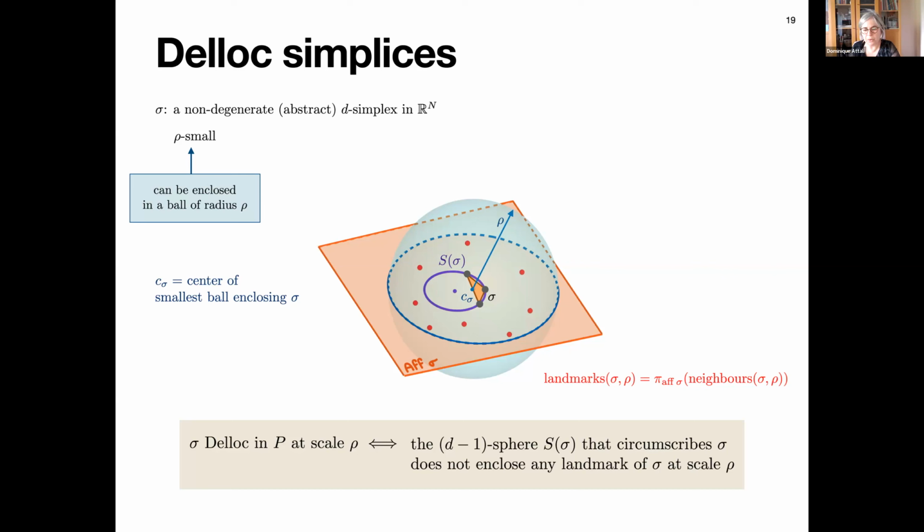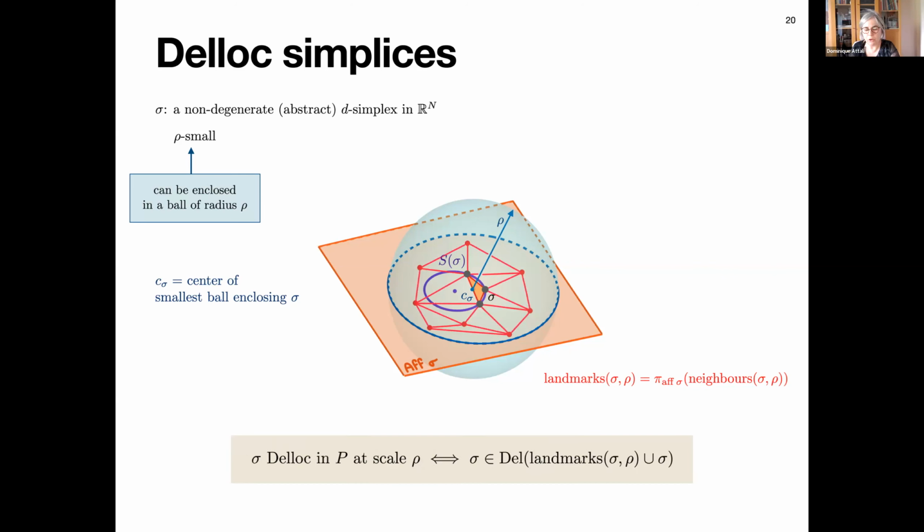So in other words, sigma is going to be Delloc for P at scale rho if sigma belongs to the Delaunay triangulation of the landmarks to which we have added the vertices of sigma. So locally, you can see that to decide if sigma is a Delloc simplex, we have constructed locally in the affine space a faithful reconstruction.